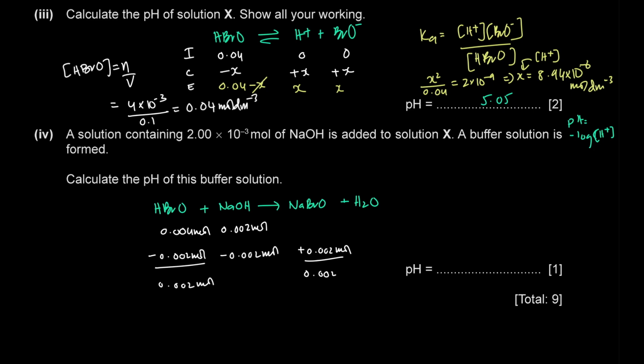So now we have a solution of a weak acid and its conjugate base. We can say that Ka is equal to the concentration of H+ times the concentration of BrO- divided by the concentration of HBrO. But here we can assume that all the bromate ions are coming from the conjugate base.